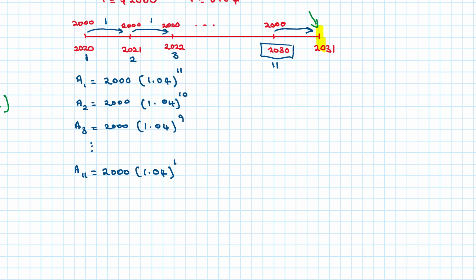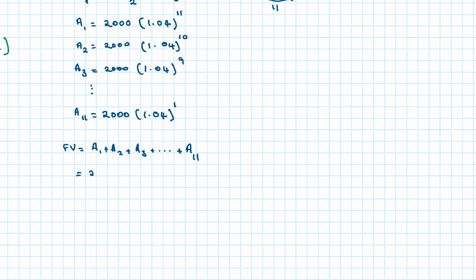So my total amount or future value is going to be amount 1 plus amount 2 plus amount 3 and so on until we get to amount 11. Let's add them up. They all have 2000 as a common factor: 1.04 to the power of 1 plus 1.04 squared plus 1.04 cubed, all the way to 1.04 to the power of 11.